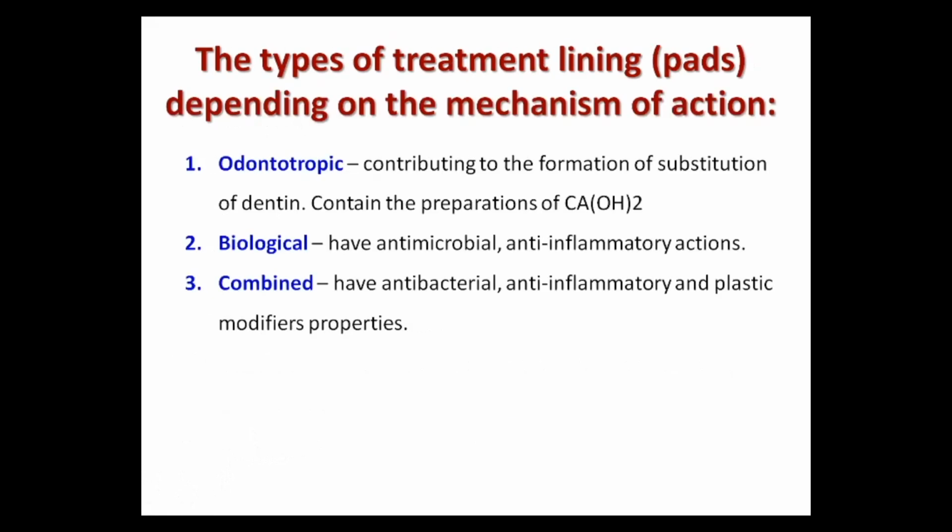There are three types of treatment lining or pads, and it depends on the mechanism of action. First type is odontotrophic, contributing to the formation of substitutive dentin and containing preparations of calcium.